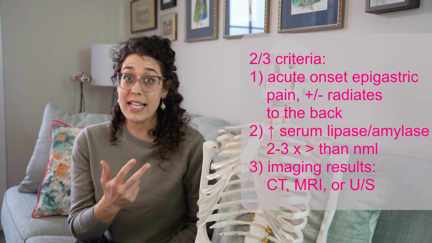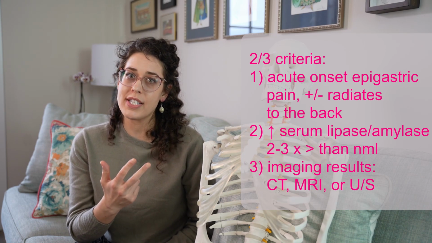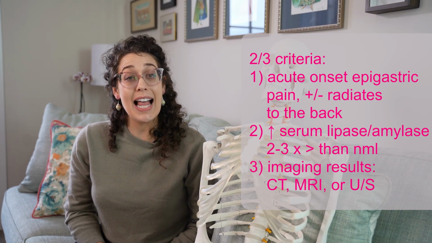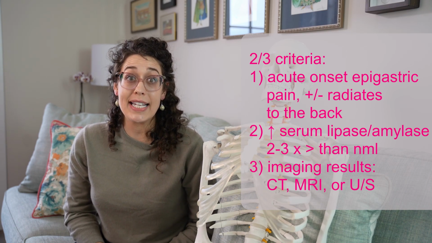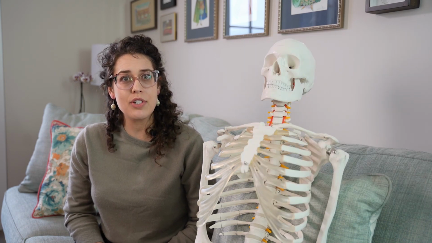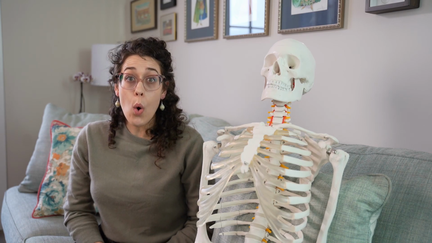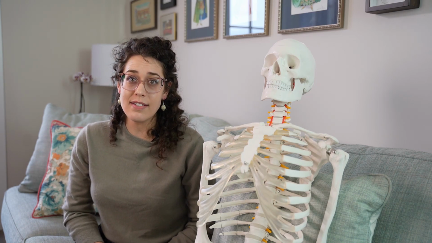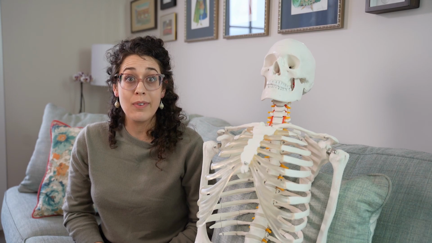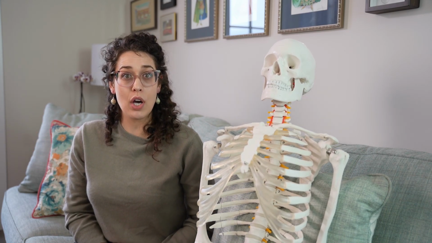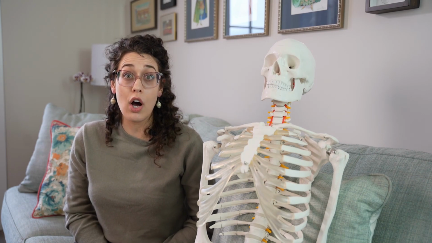This can be CT, MRI, or ultrasound. If we have the appropriate symptoms and elevated enzymes, we do not need any imaging to establish the diagnosis. If the pain is not characteristic or enzyme levels are less than 3 times the upper limit of normal, or we're just uncertain, it is important to do CT with contrast to exclude other causes.